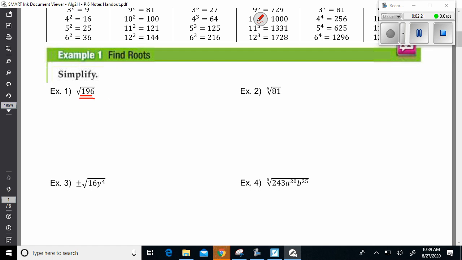So we're looking for what times itself will give you 196, which in this case is 14. 14 times 14 is 196. Problem 2 works the same way. You just put the number 14. You don't have to write it as 14 squared.